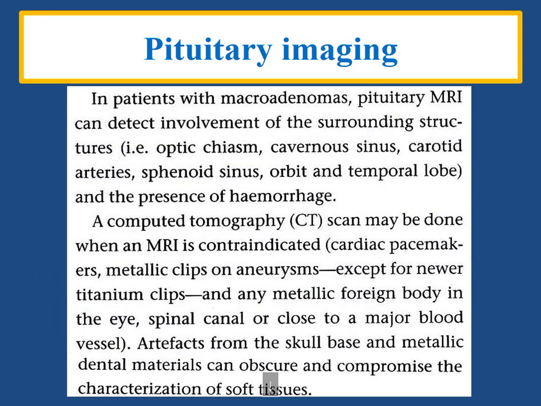In patients with macroadenomas, pituitary MRI can detect involvement of surrounding structures, for example, optic chiasm, cavernous sinus, carotid arteries, sphenoid sinus, orbit and temporal lobe, and the presence of hemorrhage.